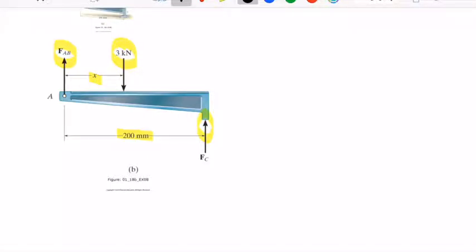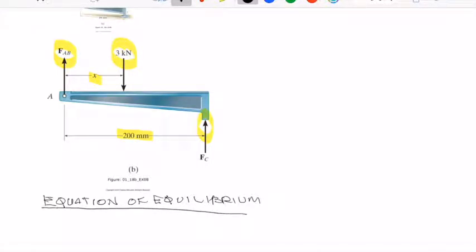Let's find the equations of equilibrium. You have the summation of forces in x equals 0, and the summation of forces in y equals 0.